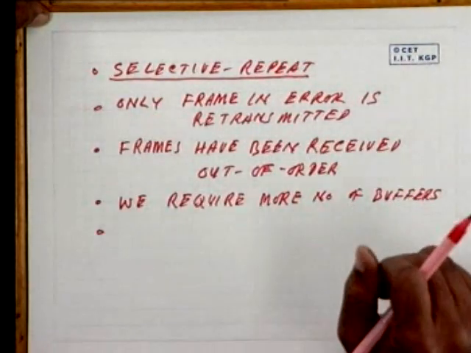Not only that, we have stored the frames one after the other in the buffer. We have to reinsert the frame in the appropriate place. So we shall require additional hardware or software so that the out of order frame can be properly reinserted.